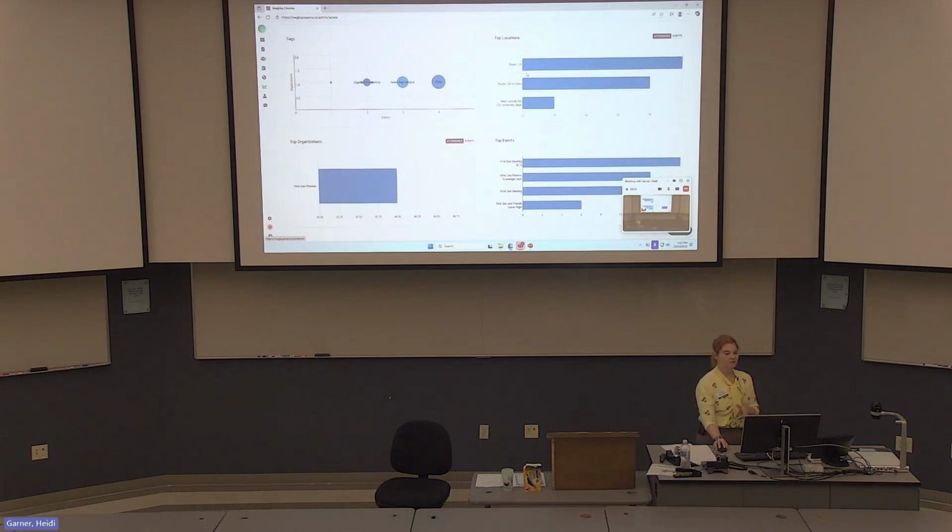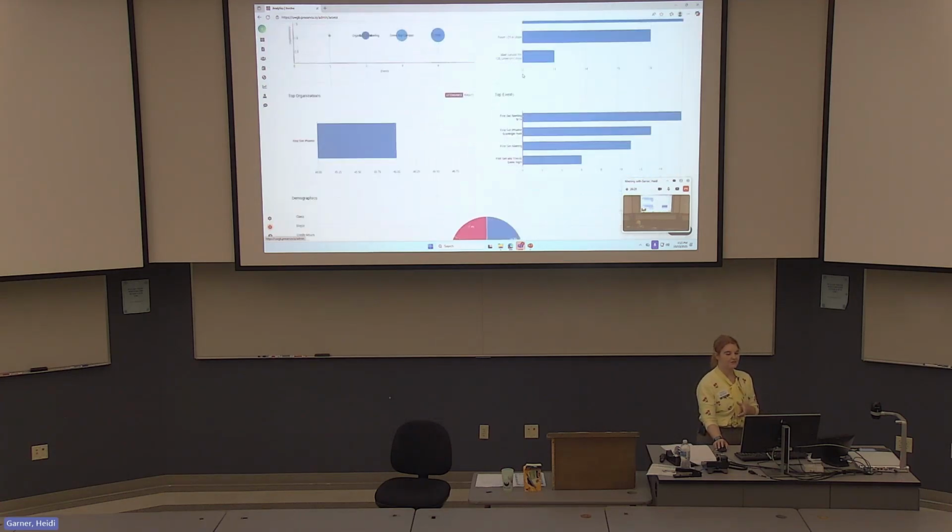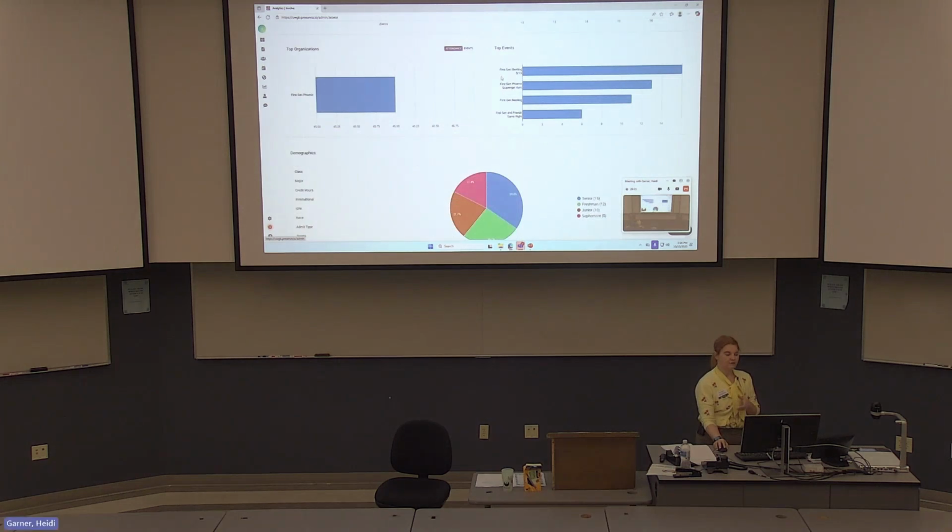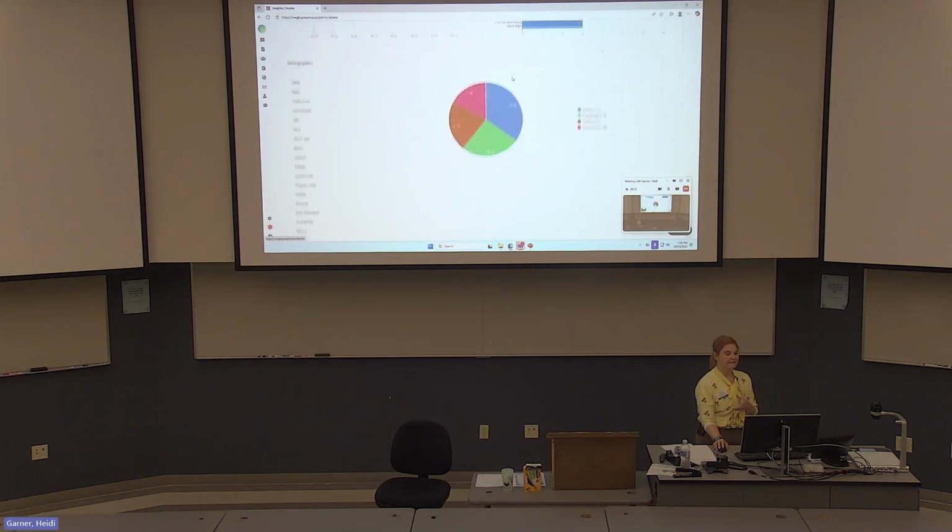So the top location for them to meet is room 125. Their top event was the First Gen meeting at 9:16. And this is what you were talking about, knowing who you're reaching. You can see that 34% are seniors and 26% are freshmen.